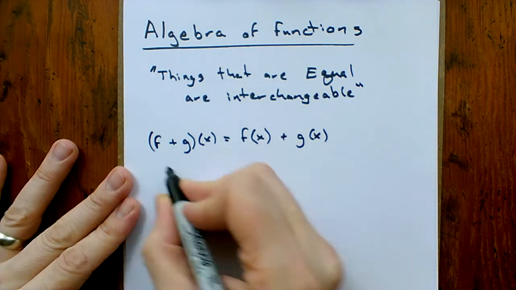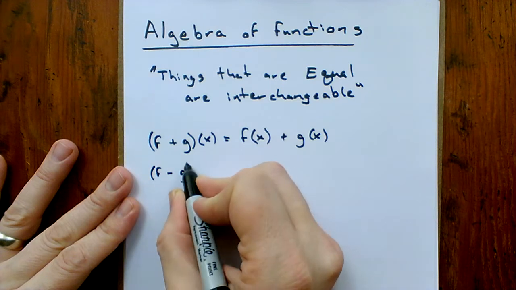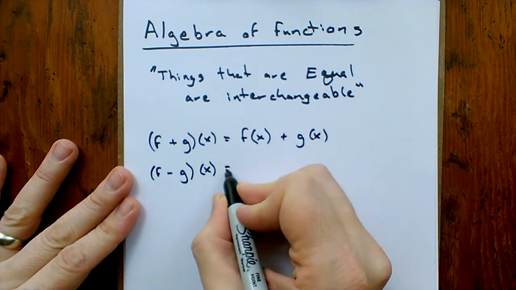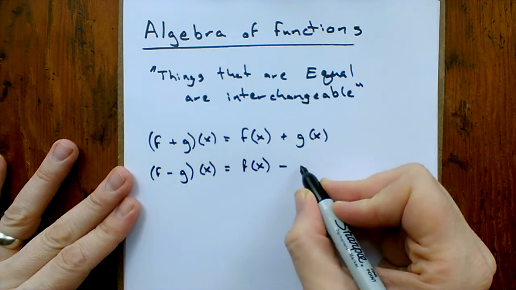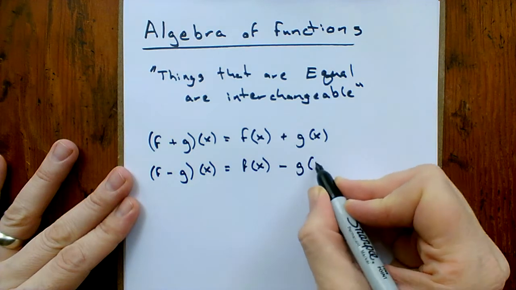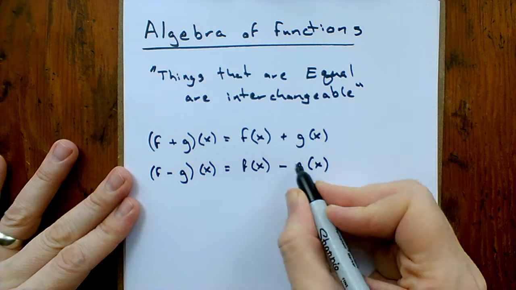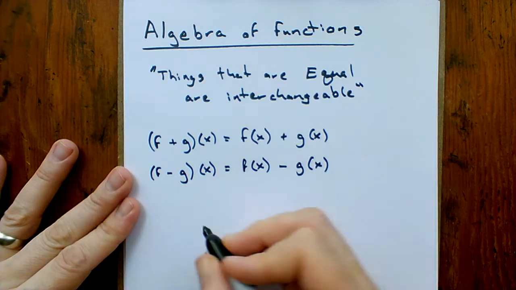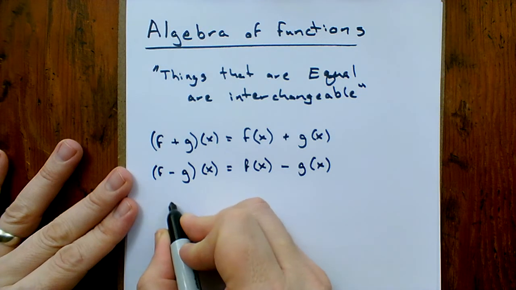If I'm doing subtraction, I would simply subtract the two functions. Now, as always with subtraction, you need to watch your signs, because if there's a more complex expression here, we might need to distribute a negative. But this general concept is pretty straightforward.